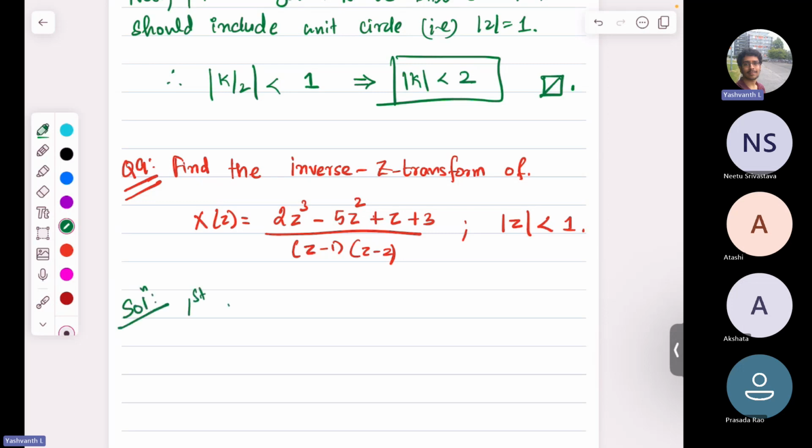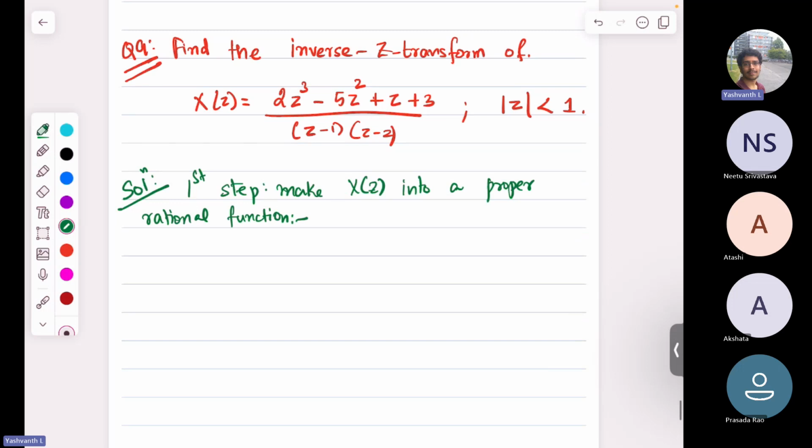First step, make X of z into a proper rational function. How do you do it? Just do long division.